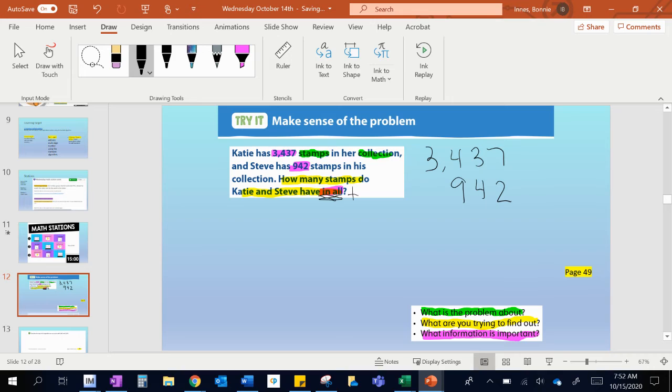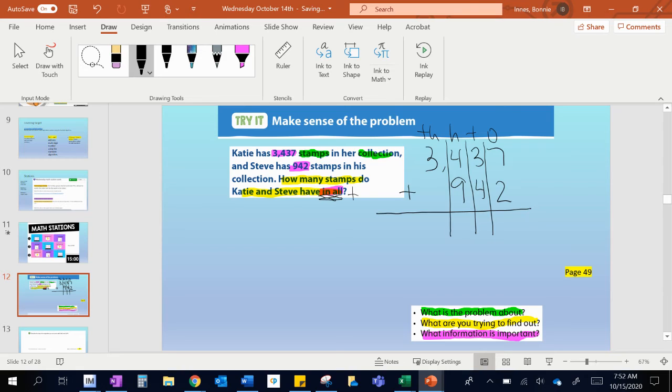Notice how I put the bigger number on top. When we are adding, because we're going to find out how many together, I should be able to put lines in between, because this helps me for place value. This is my ones, my tens, hundreds, and my thousands place.